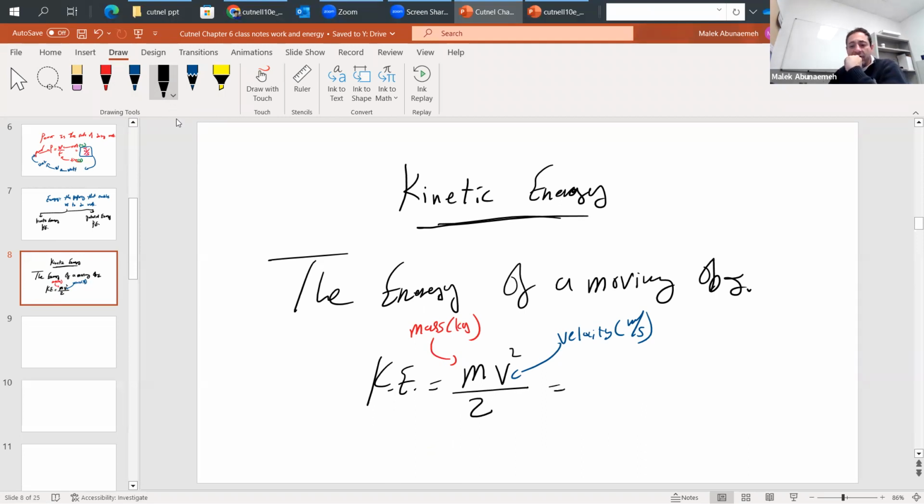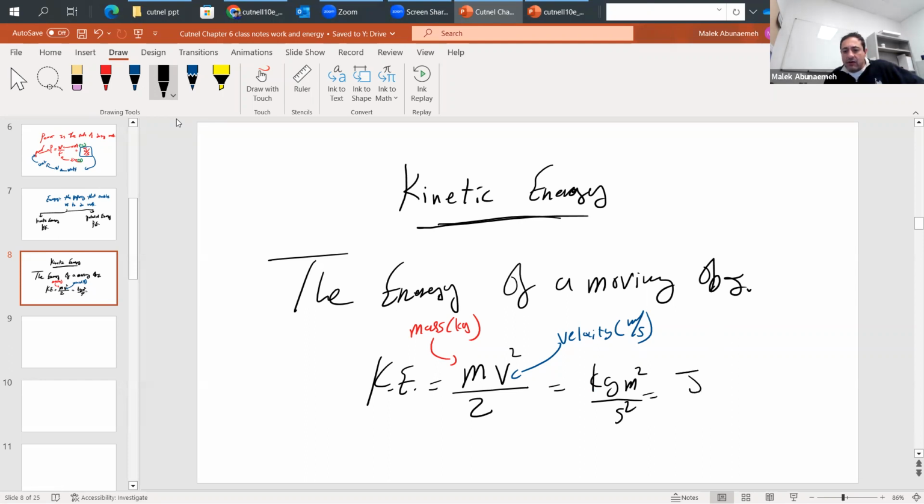Adding those up, what you're going to have is kilograms meters squared per second squared.